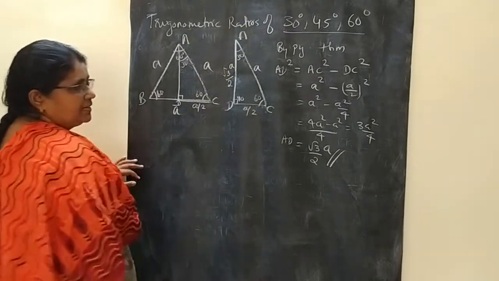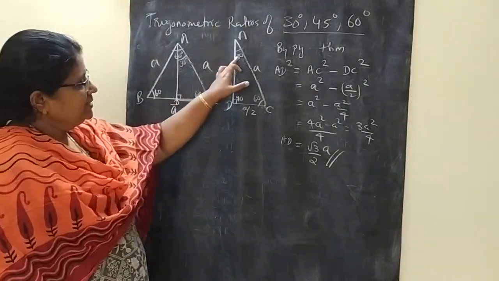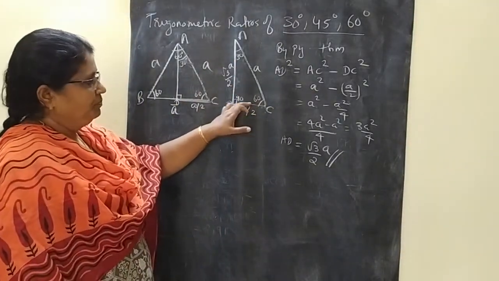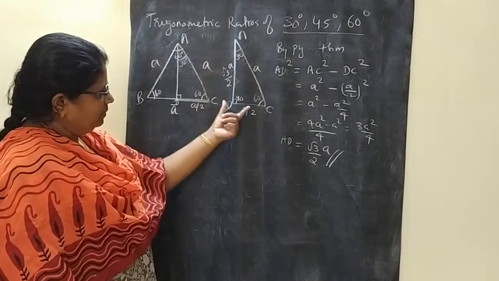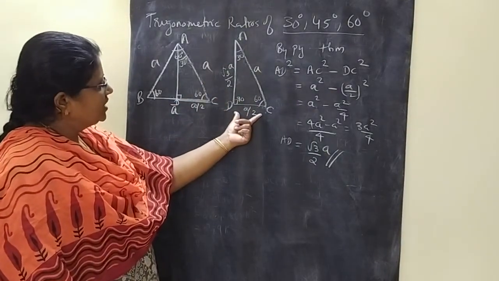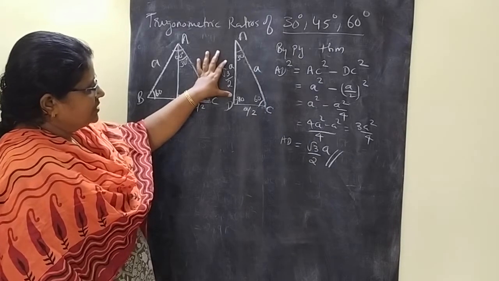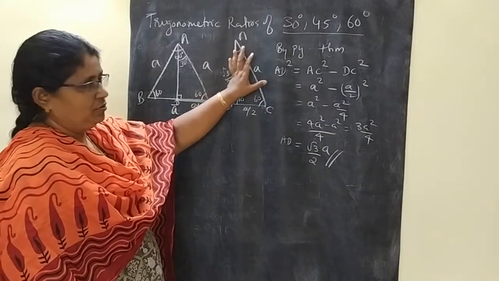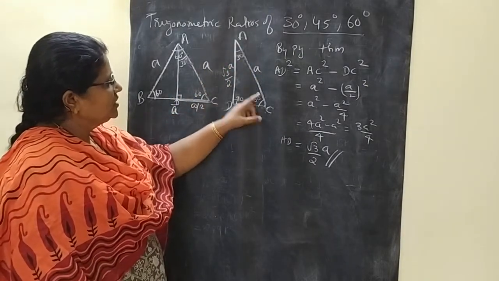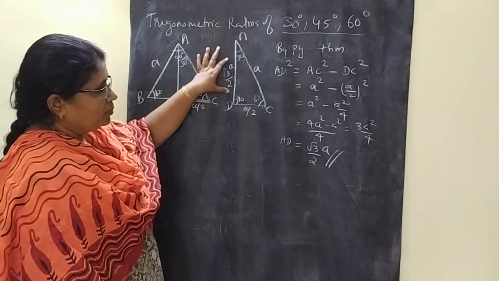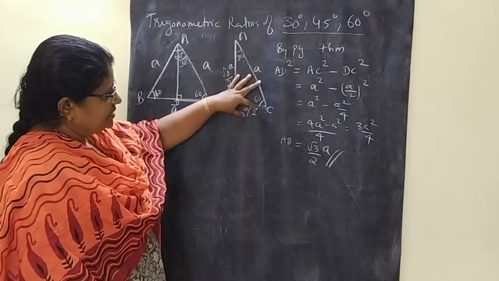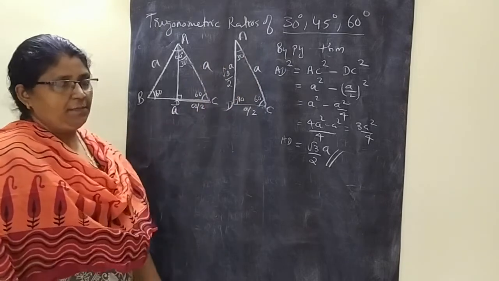It is a right angled triangle. One angle is 30 and one angle is 60. With respect to 30, DC is the opposite side, AD is the adjacent side, AC is the hypotenuse. And with respect to 60, AD is the opposite side, DC is the adjacent side, AC is the hypotenuse.